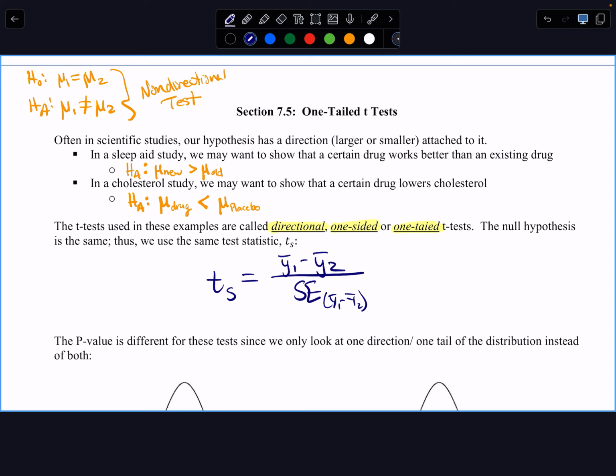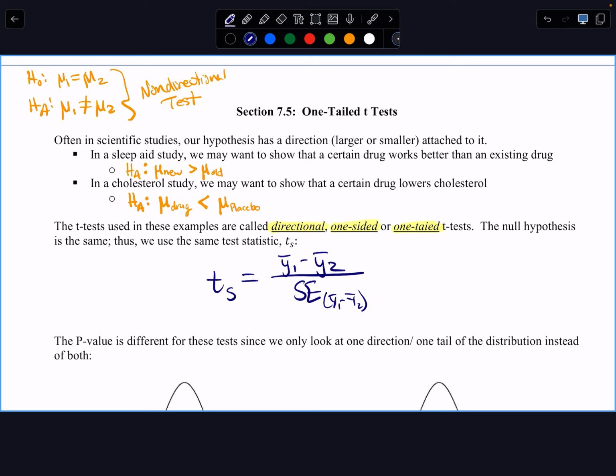And remember, our test statistic, that's a measure of how different those sample means are, right? It's a measure of how different those sample means are under the assumption that our null hypothesis is true.